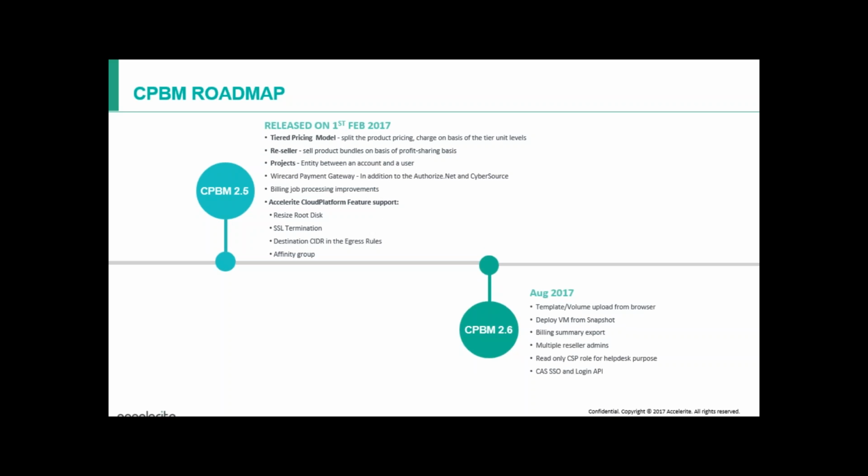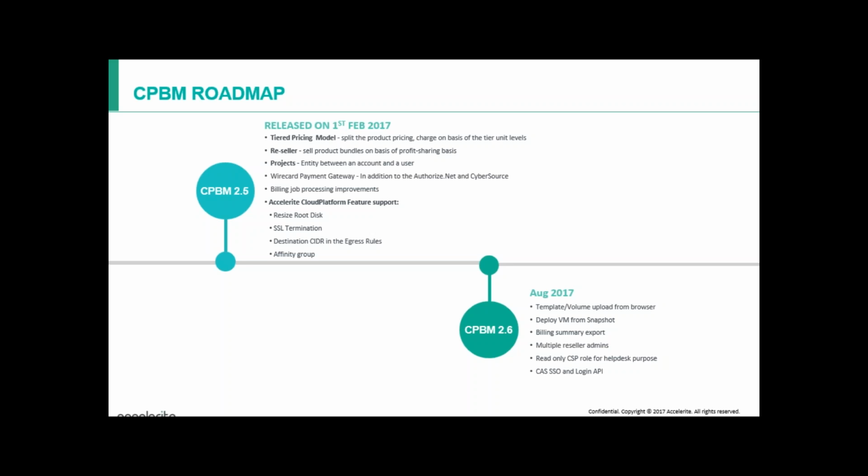We also did a release for CPBM in February, and this also had very interesting features that customers have been asking for. We added the tier pricing model, so now you have more flexibility on how you can attract customers by creating interesting product catalogs.